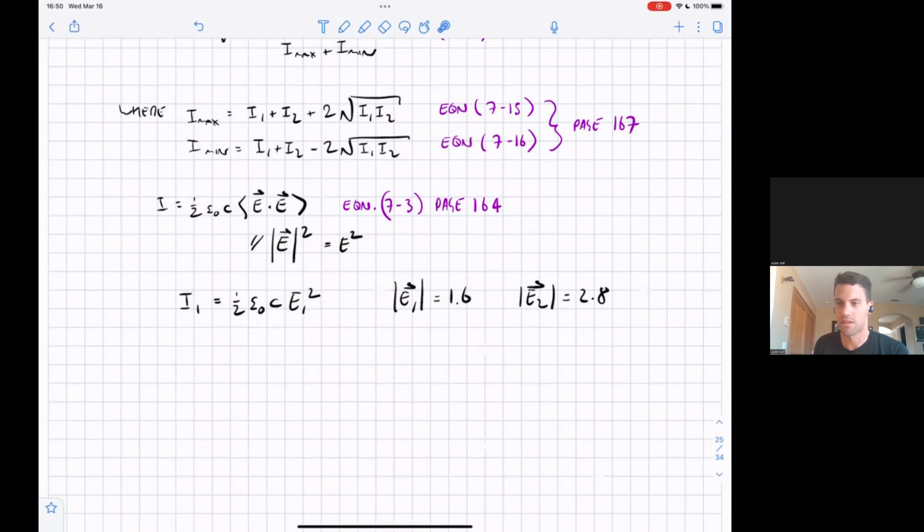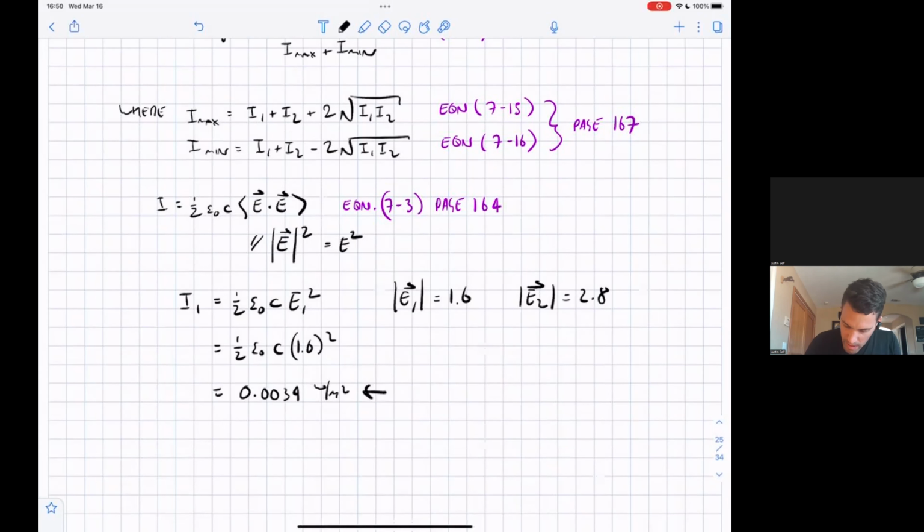I'm not going to deal with the units, but they end up in watts per meter squared. So 1/2 times epsilon naught times c times 1.6 squared gives 0.0034 watts per meter squared.